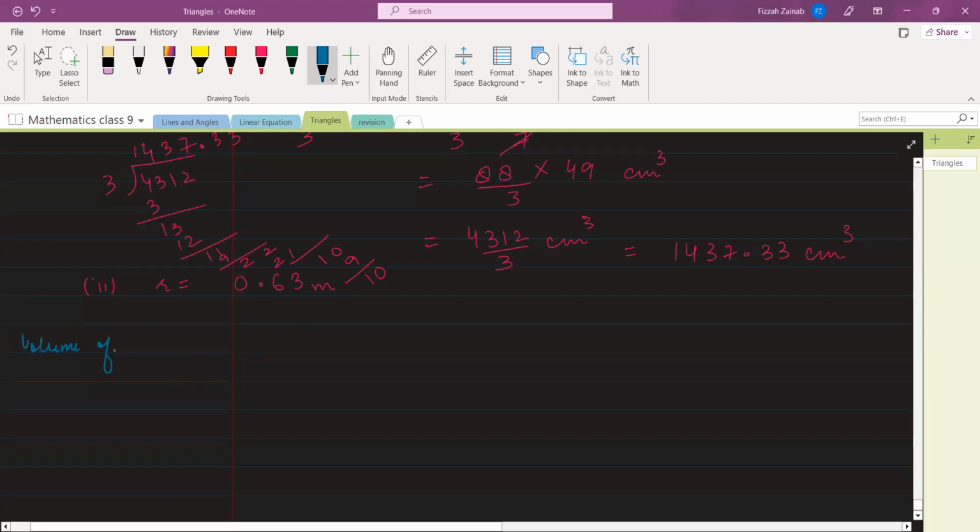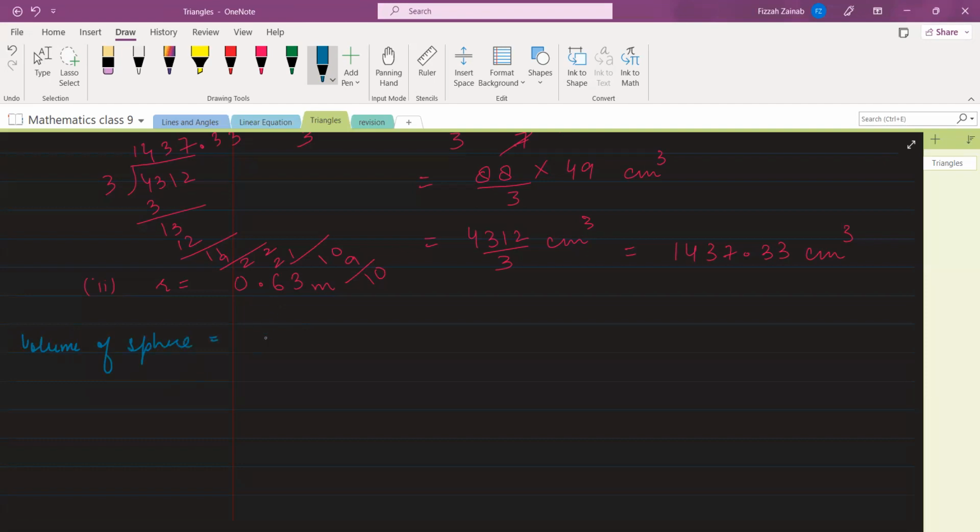So volume of sphere, right? 4 upon 3 pi r cube. So 4 upon 3 into 22 divided by 7 into r cube. So 0.63 meter into 0.63 meter into 0.63 meter. Is that clear? Please unmute yourself, both of you.